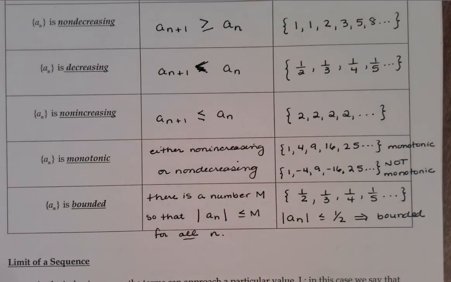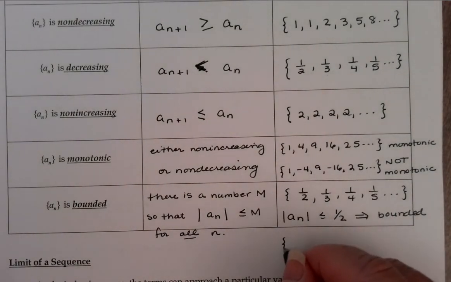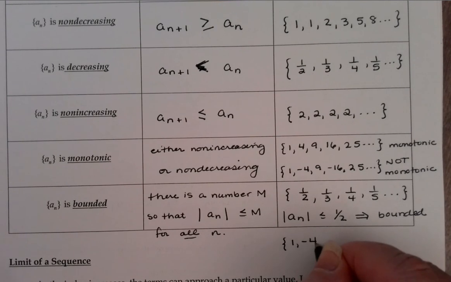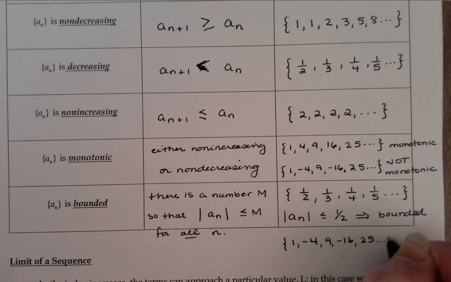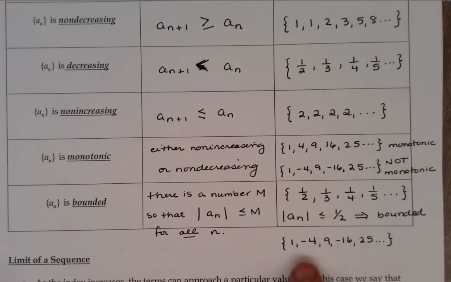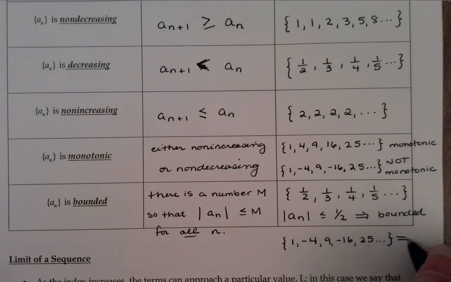Compare that, say, to this alternating sequence here. The absolute values of these just keep getting bigger and bigger and bigger. There is no largest value, so this one would be unbounded.